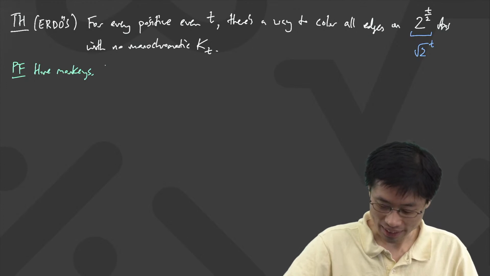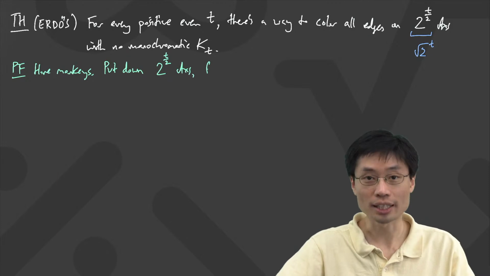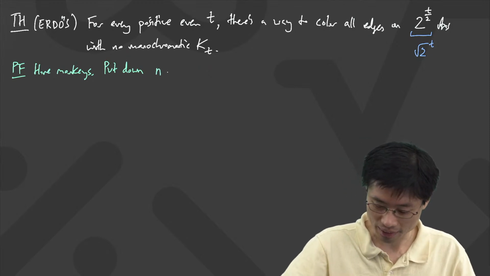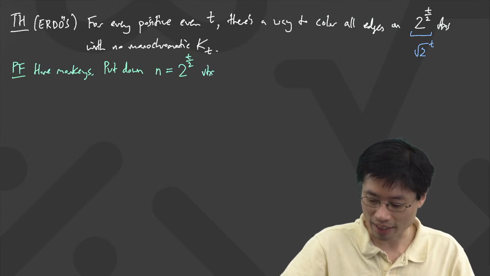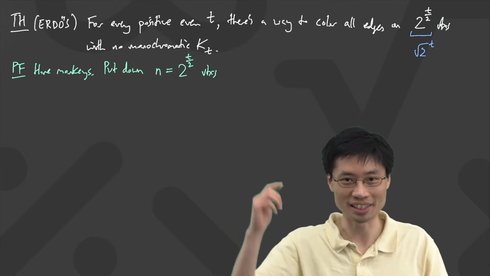And what we do is you put down 2 to the power t over 2 vertices. Oh, let's call that n, by the way. It's going to be very useful for me to call that n. So I'm going to clean up back to here. I'm going to say put down n, which is equal to 2 to the power t over 2 vertices. I'm only writing it n because I want to talk about n sometimes, and then soon we'll turn everything into t's.